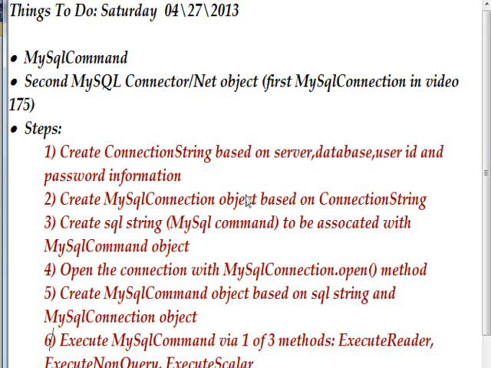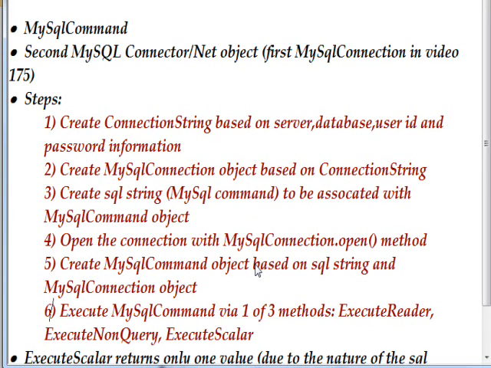The steps required in order to use this are: first, you need to create a connection string based on the server, database, user ID, and password information, which we showed in the previous video. Then you need to create the MySQL connection object based on that connection string.